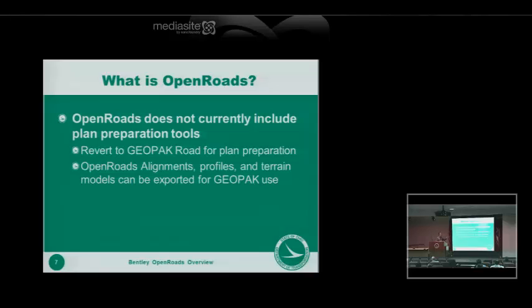So as far as plan and profile sheets or annotating stations and offsets and things like that, there are no new OpenRoads tools for that functionality. For plan production, you're reverting back to GeoPack Road for plan production tools. So there's definitely a transition period still happening between the products.